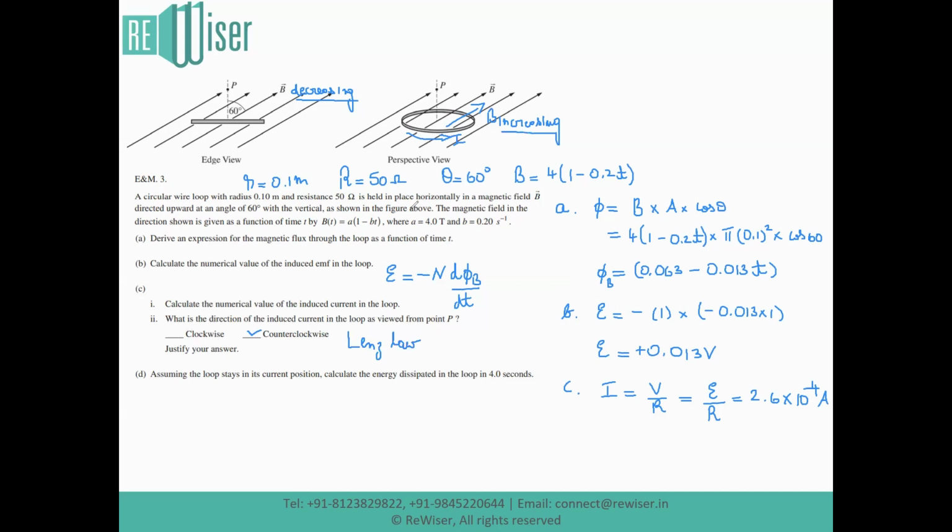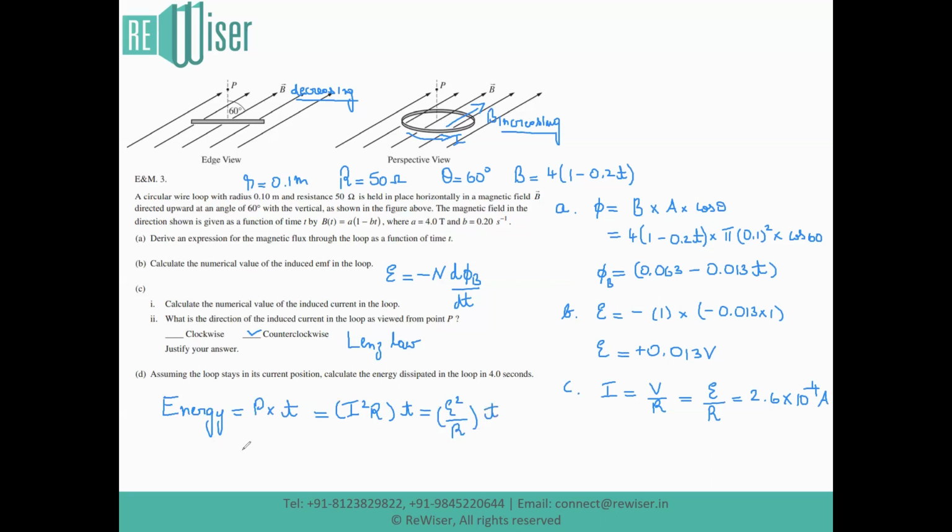so as to produce magnetic field in the direction given. Now, we need to also calculate the energy dissipated. Energy dissipated E can be found as energy is equal to power into time. Power has two different formulas we can use. We can either use I square into R, or V square by R, where V is nothing but the EMF epsilon.